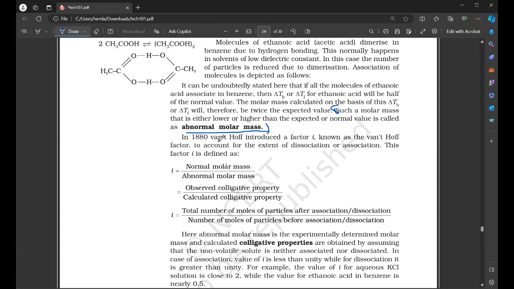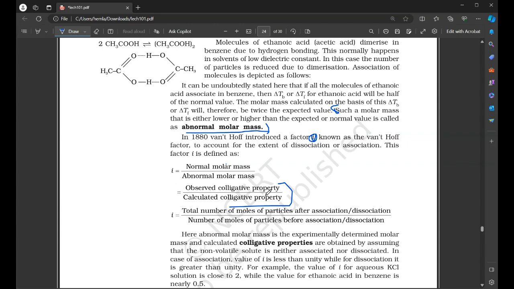In 1880, the Van 't Hoff factor was introduced, which is denoted by i, known as the Van 't Hoff factor, to account for the extent of dissociation or association. This factor i is defined as normal molar mass upon abnormal molar mass, which can be written as observed colligative property upon calculated colligative property.